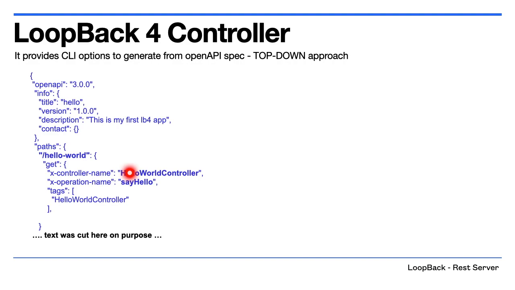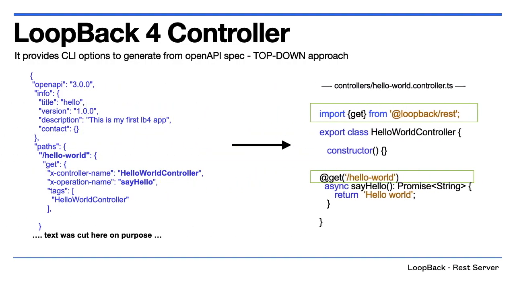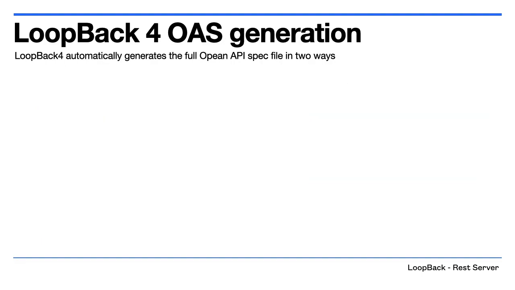The controller name is HelloWorldController, the operation name is HelloWorld, and that's it. The text was cut here on purpose, but from this we can generate this. So this is called the top-down approach.